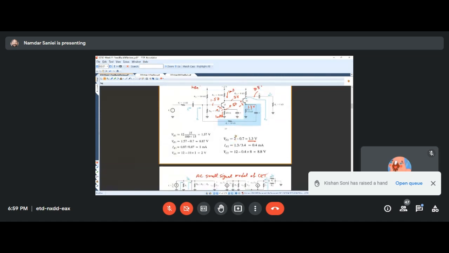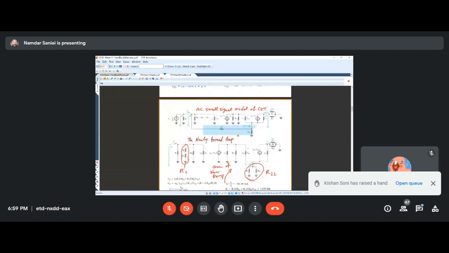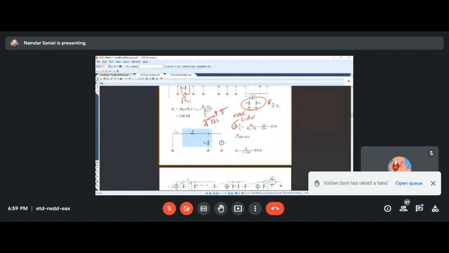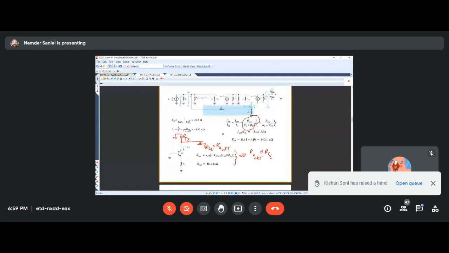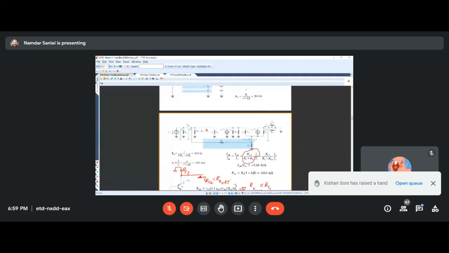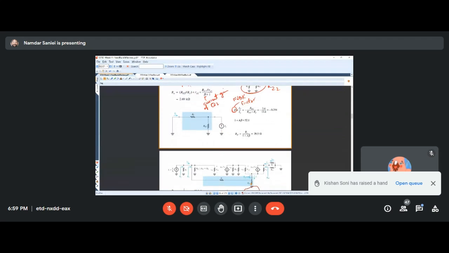Do we find the voltage on the output or not? I don't. Yeah, I guess we don't. But both these I/O, because I/O is basically I emitter which comes here, and we can relate it to the current.